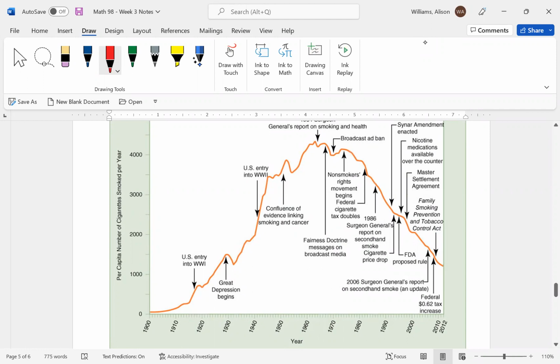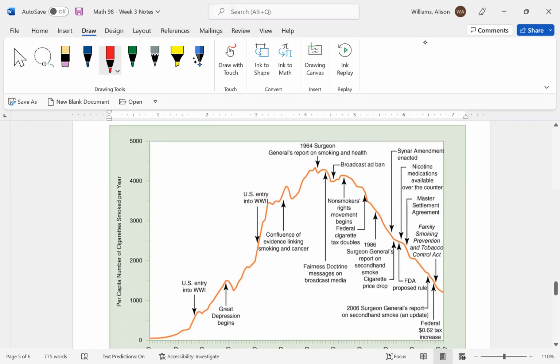So they're actually talking about the amount of cigarettes smoked per capita. What that means is per, which is really per person, is a way of thinking of that, per person. Okay, and then we have years going on here, 1900 to 2012.